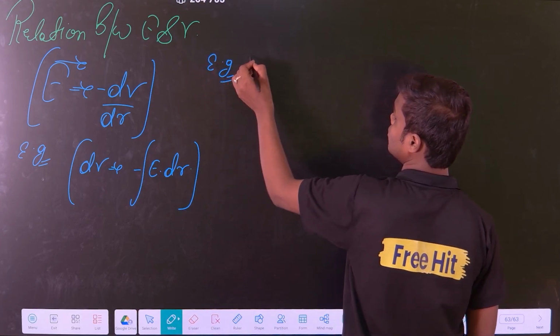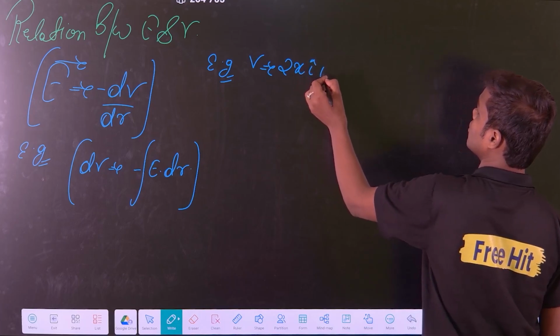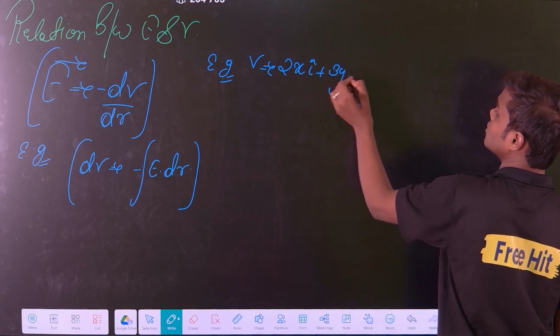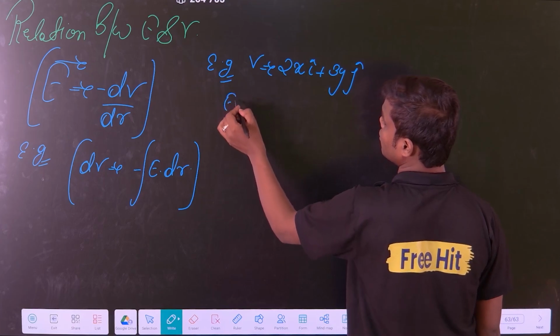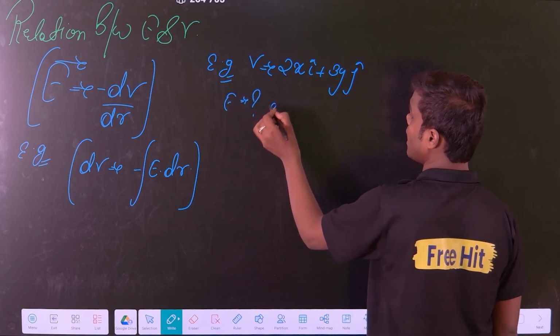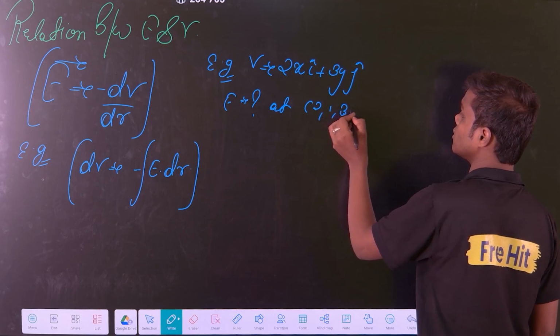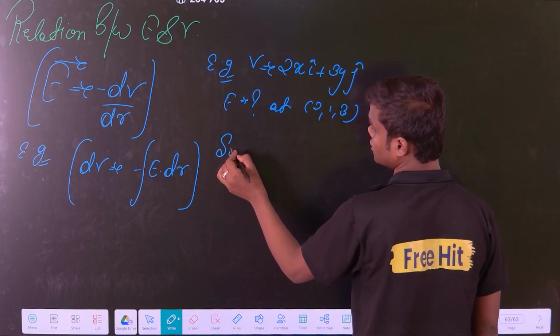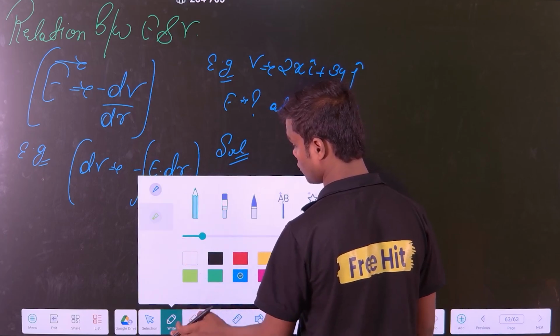Suppose they give the potential as 2x plus 3y, and they ask you to calculate the electric field at 2 comma 1 comma 3. How to solve this? How to find the electric field?